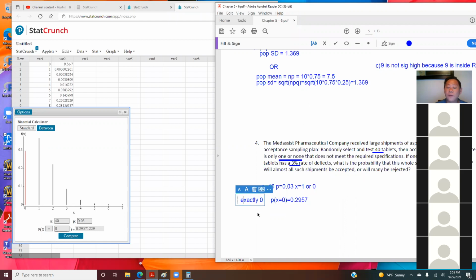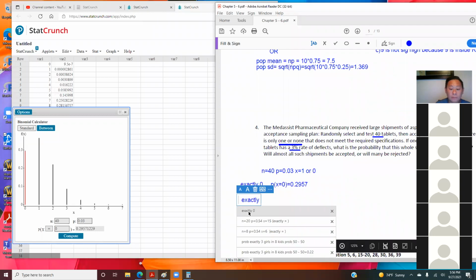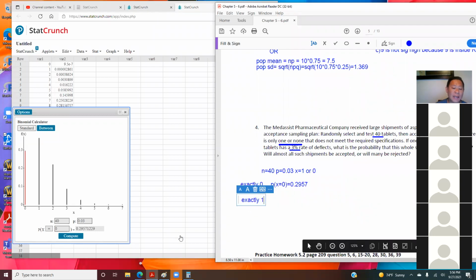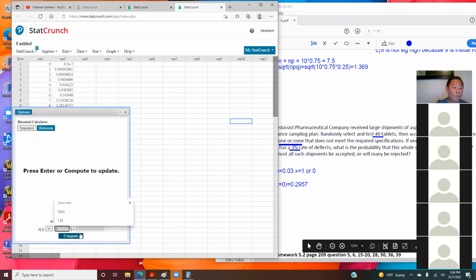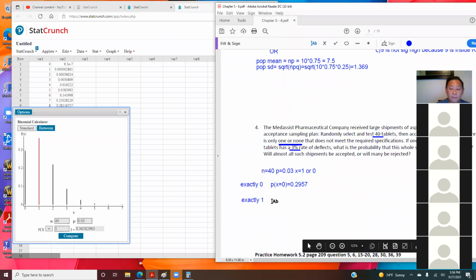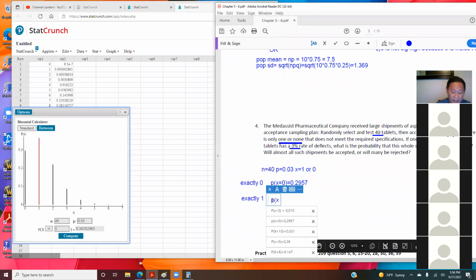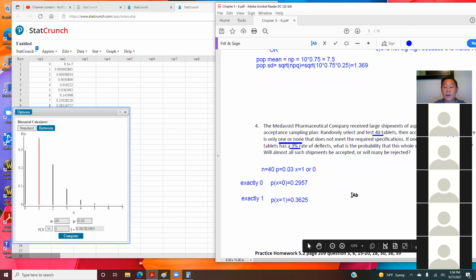And now you need to find exactly 1. It's the same thing we did here, but you just change that 0 to 1. For that case, the probability of X equals 1 is 0.3658 with all these numbers. So what are you going to do with these two probabilities now that you found the 0 and 1? You add them together.